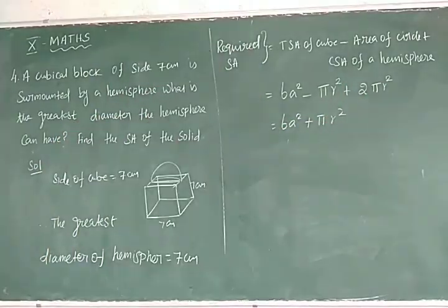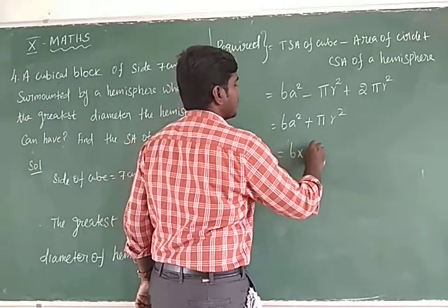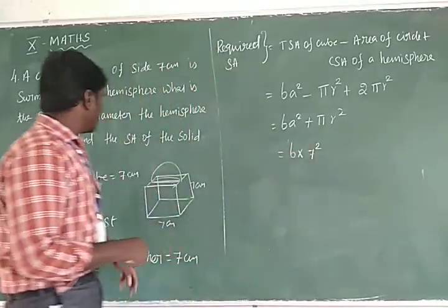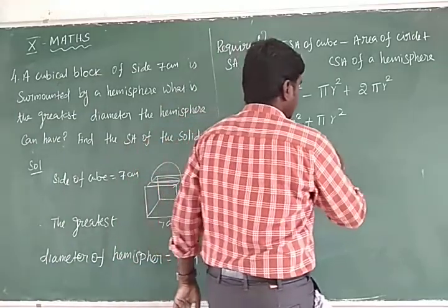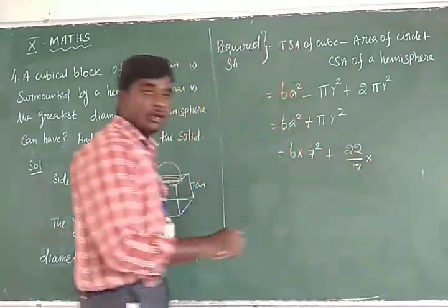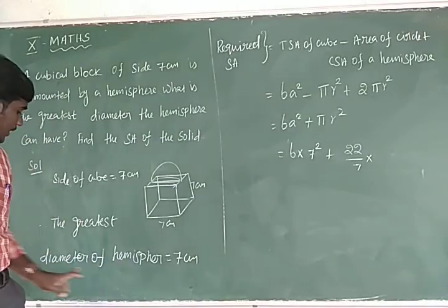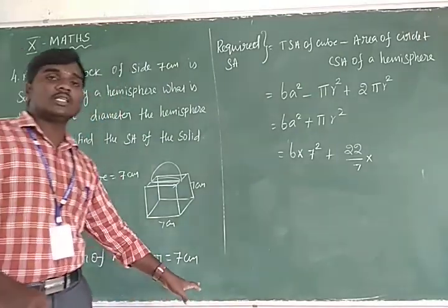Now 6a square plus πr square. Okay, now substitute the value. 6 into 7 square, the side value is equal to 7 centimeter, plus 22 by 7. What about the r value? Here the diameter is equal to 7 centimeter. Diameter of hemisphere is equal to 7 centimeter.